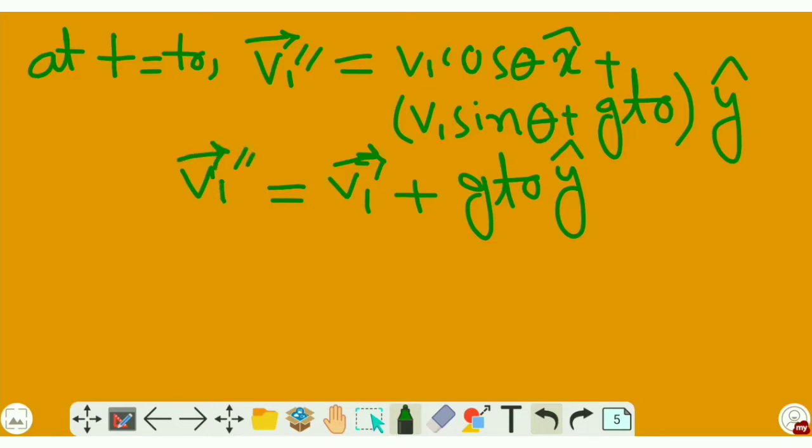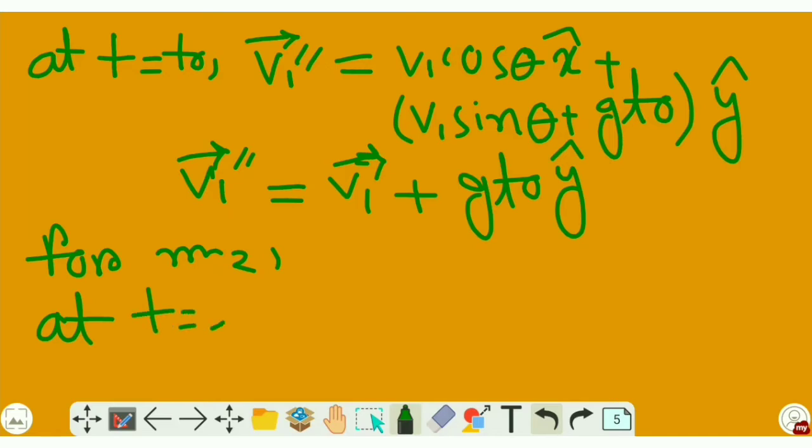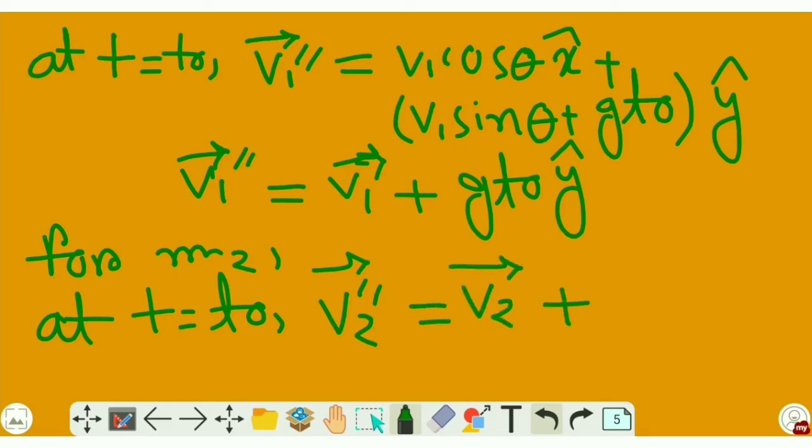For mass m2, similarly we can write at t equals t0, the v2 double dashed vector equals v2 vector plus g t0 y cap.